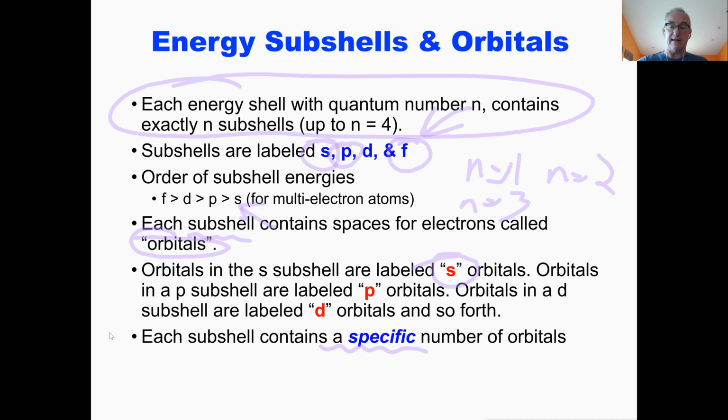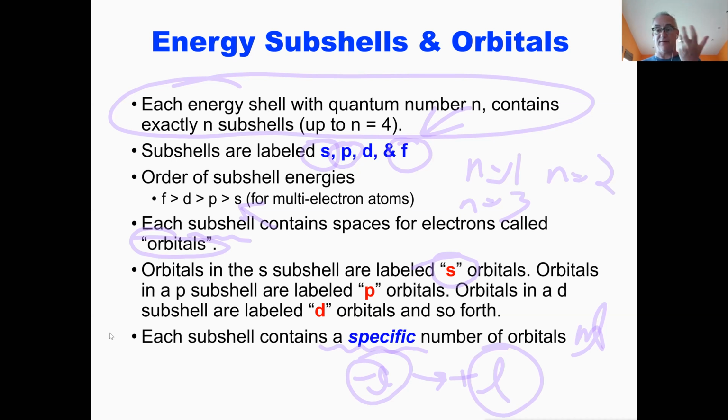And remember, that is minus L to plus L. Or sorry, L tells you which subshell it is, and then this tells you which orbital inside it is. So if it is P, for instance, that's L equals 1.